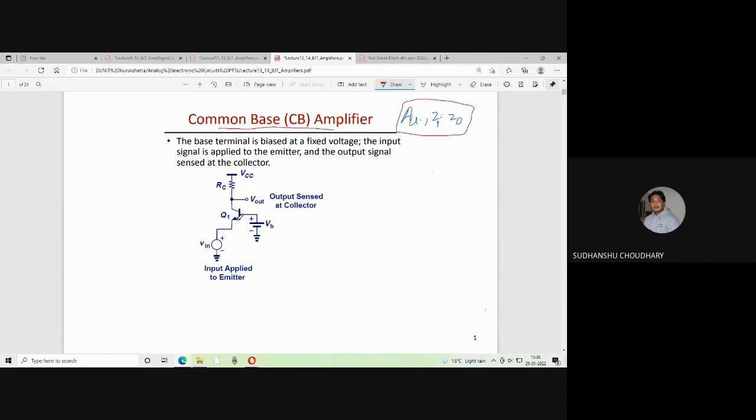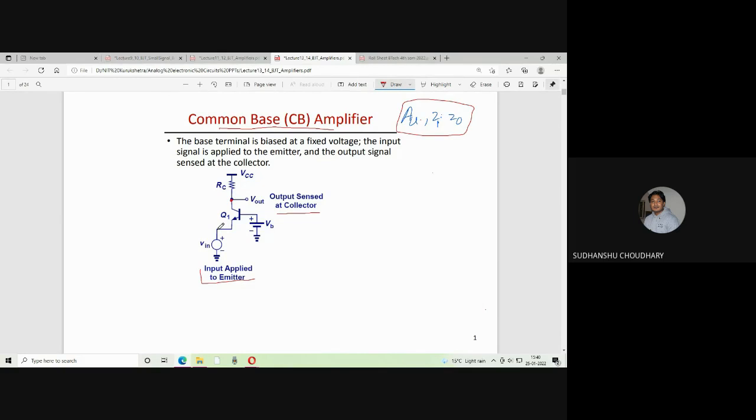So before that, let us understand that in a common base configuration, for example, this is a common base configuration, where base is common to both collector and emitter. And the important thing to note here is that input is applied to the emitter, and the output is collected or sensed at the collector, right?